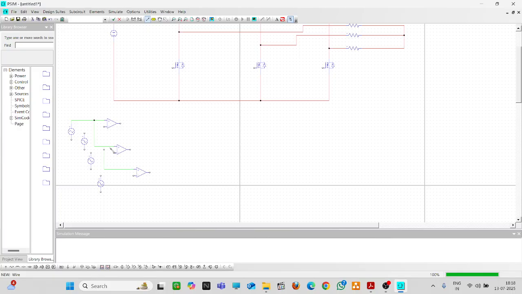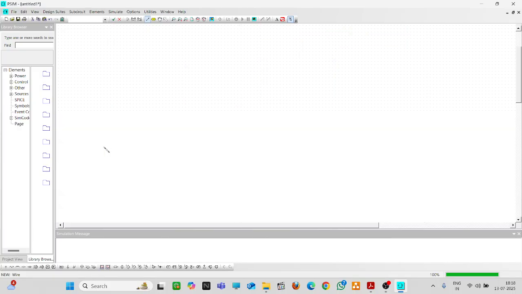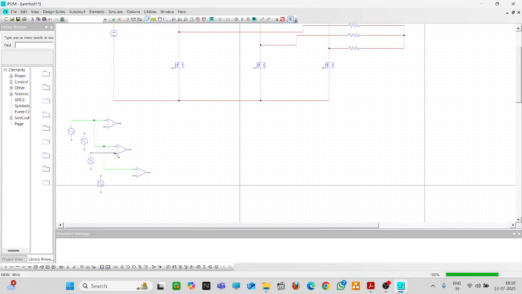This one is also okay. This is right. Very good. The connection has been made. Now these are for the control. This is the control part which we are designing now.